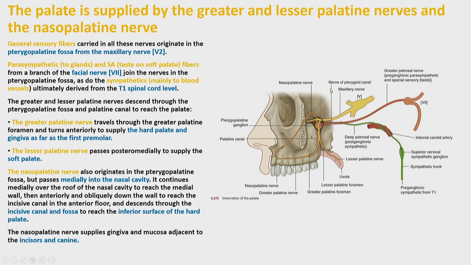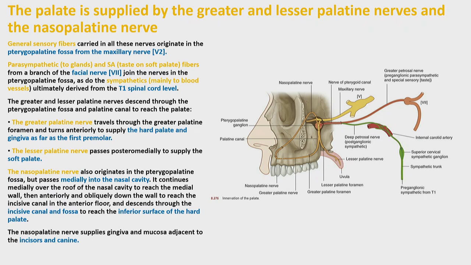They join together and make the nerve of the pterygoid canal, which is the Vidian canal, and they go to the pterygopalatine ganglion, which is a parasympathetic ganglion. Now this fiber, the parasympathetic and post-sympathetic fiber, can affect the gland and start to secrete these glands.